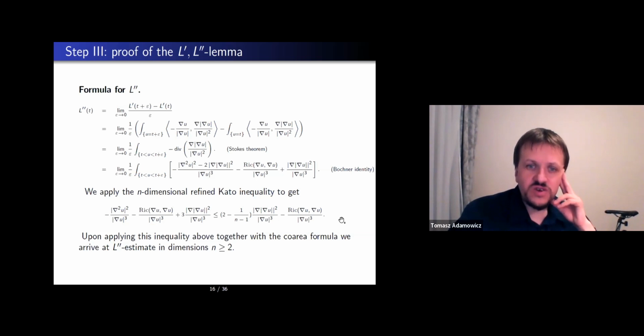We again apply the co-area formula and get the inequality in the statement of the lemma.